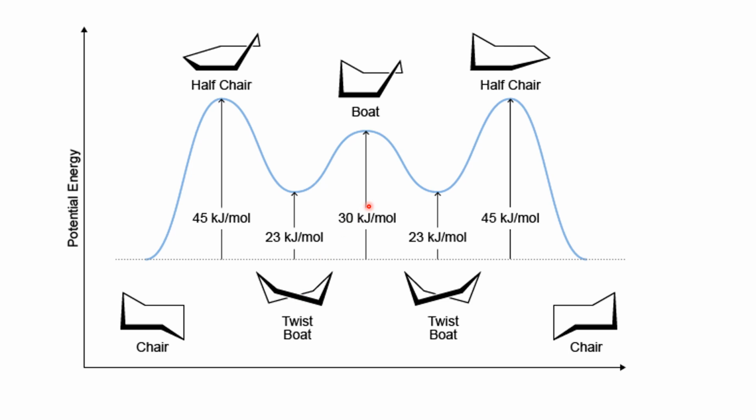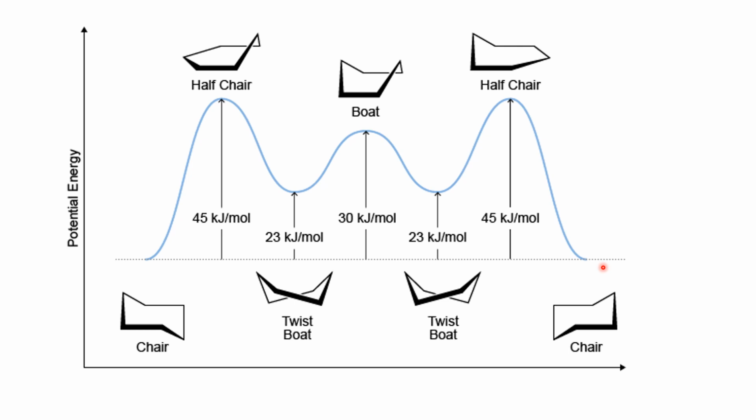See, boat conformation has 30 kilojoules per mole, but twist boat conformation has only 23 kilojoules per mole. But we give importance to boat conformation rather than twist boat conformation. Again, it moves to twist boat conformation in a different plane, moves to half chair conformation, and finally to chair conformation.